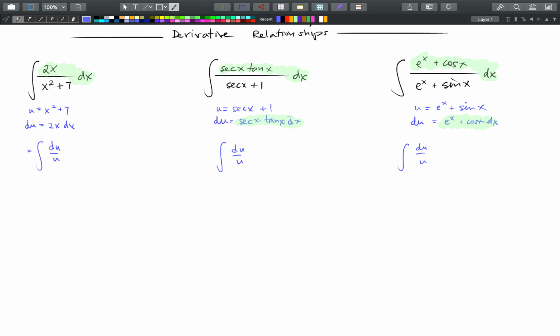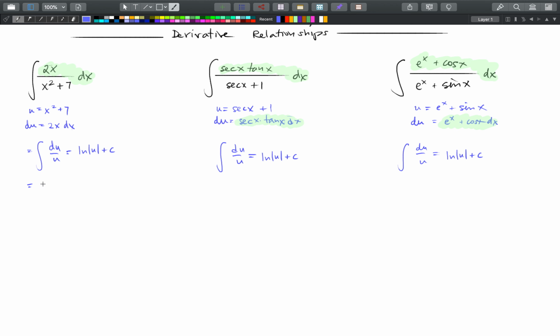So each of these problems, which might look different initially, all follow the same general pattern. And in each case, the antiderivative of du over u is always and forever ln absolute value of u plus c. So in each of these problems, we're going to see a natural log of u plus c.